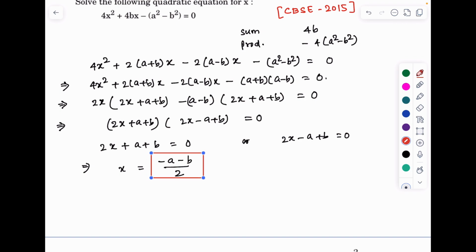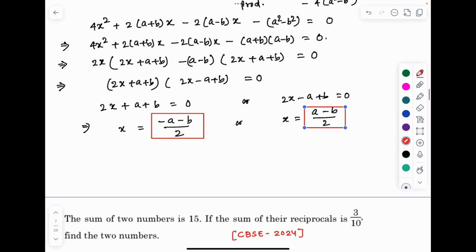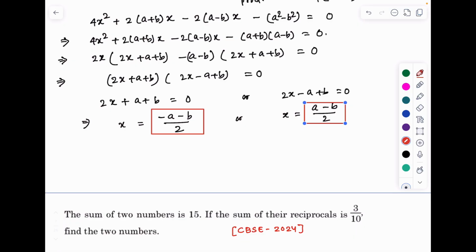This is one value, or x is equal to minus, that is plus a minus b by 2. These are the two values you will get. Okay.